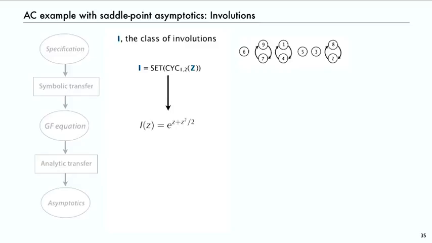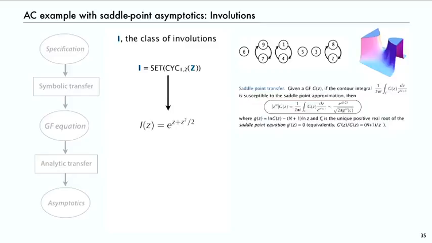That's a function that's got no singularities, and it's immediately amenable to the saddle point method. So we have e to a function. All we need to do is take the derivatives of that function, set the first one to 0 to find the saddle point, and then that's the function.